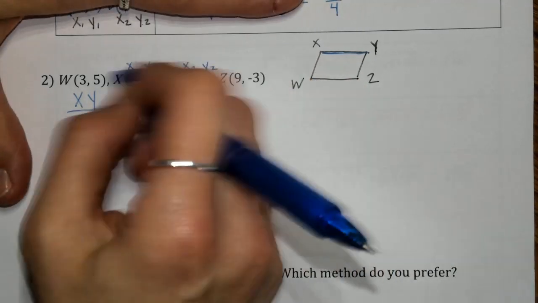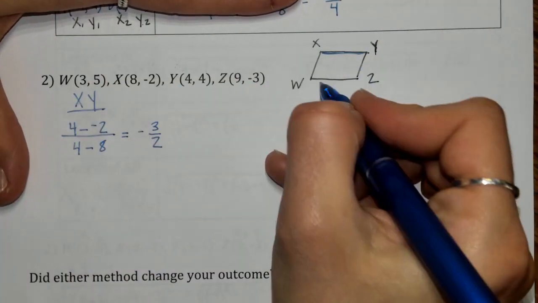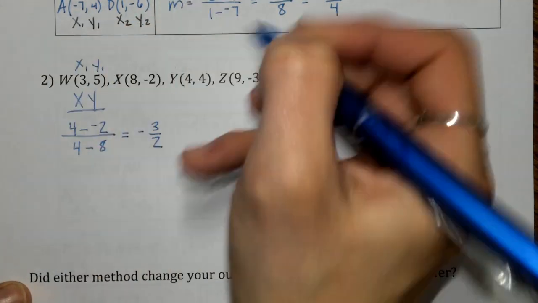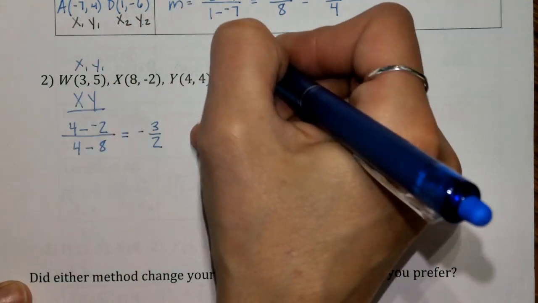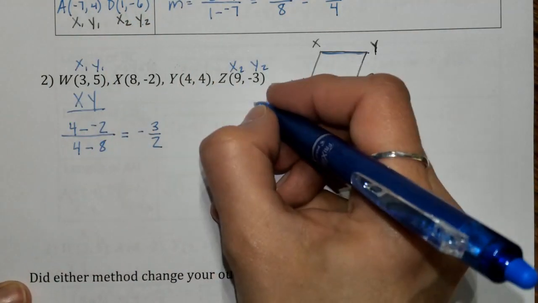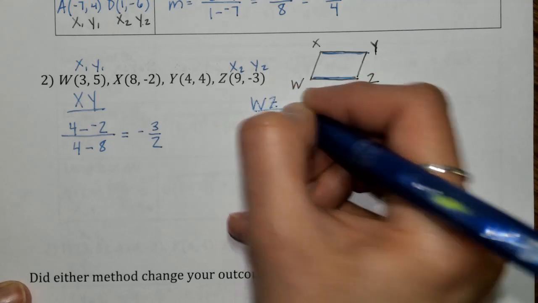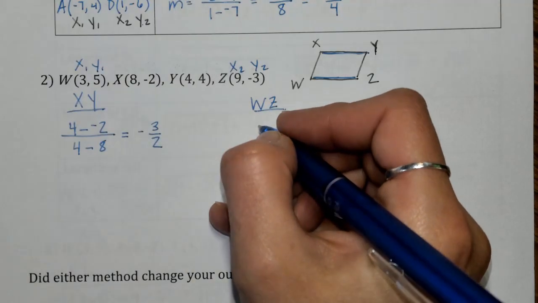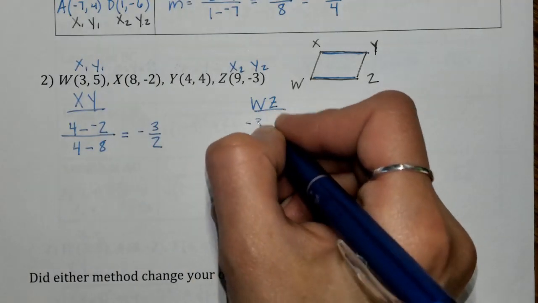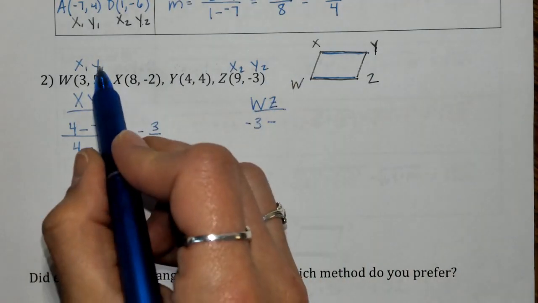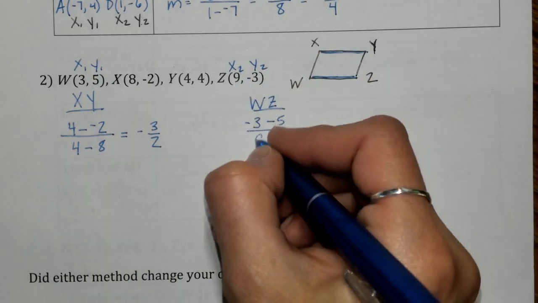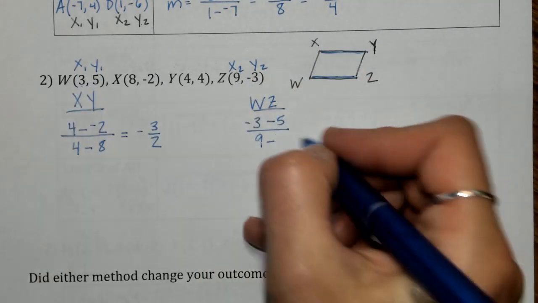Now when we check out the other side, WZ, there's our X's and our Y's. We're going to have Y2, negative 3, minus Y1, 5, X2, 9, minus X1, 3.